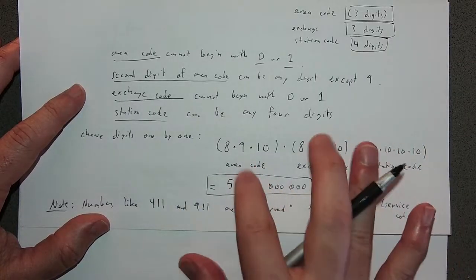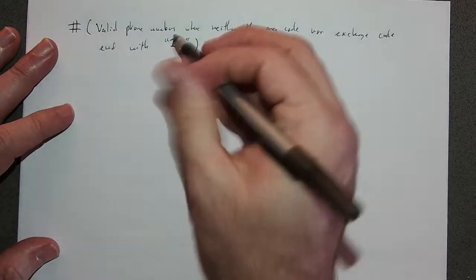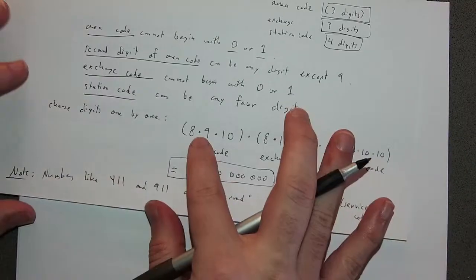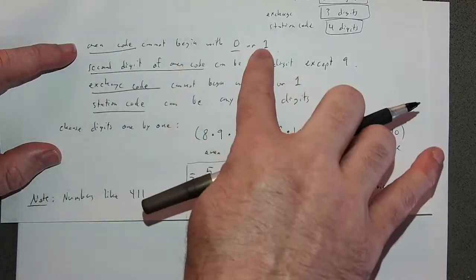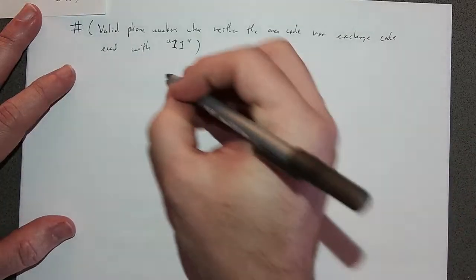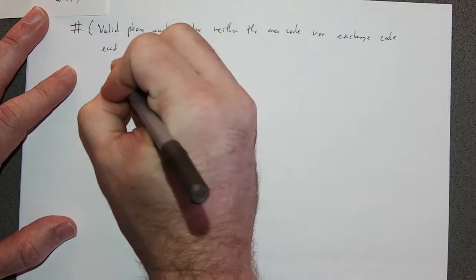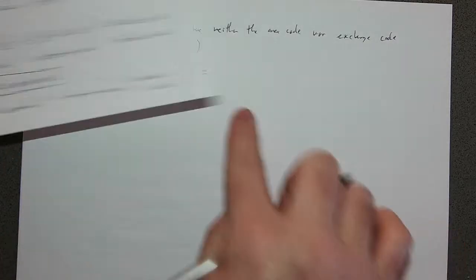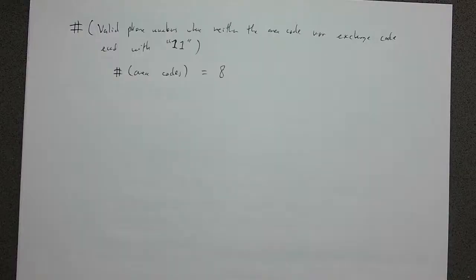So for the area code, what would be the corrected number of area codes? The first digit is still the same. It can't begin with a 0 or 1, and I know that the second digit can be any digit except 9. So let's count the number of valid area codes this way. The first number of choices is unchanged.